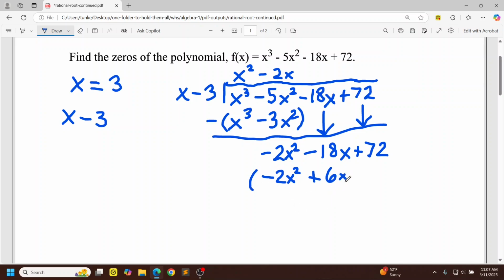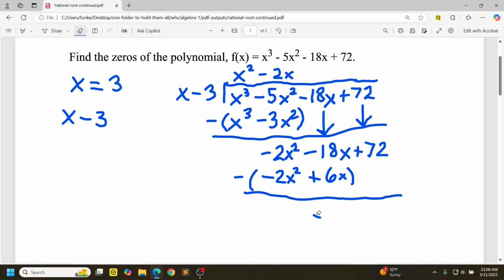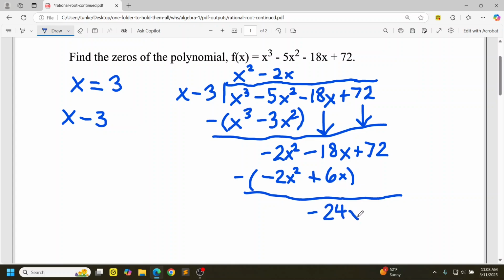Okay, and we're going to subtract that off. And we have negative 18 minus a positive 6. The negative 2x squareds cancel out. So we get negative 24x. And then bring down the plus 72.